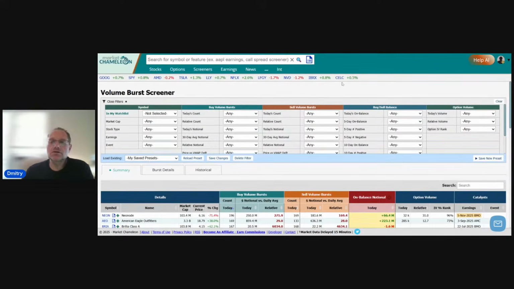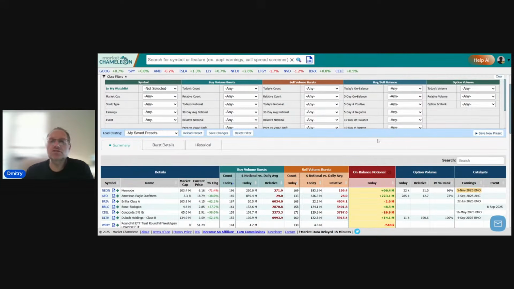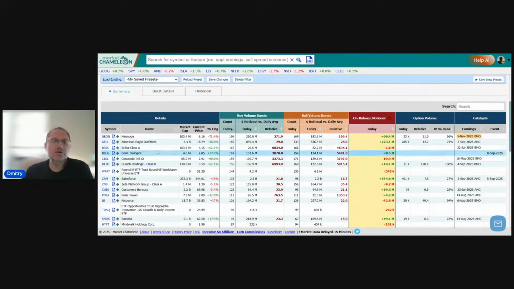On this page, we have these different filters, and at the bottom, a data table with stock symbols and the related analytics and data. What this screener does in particular is look at the trading volume in these stocks.